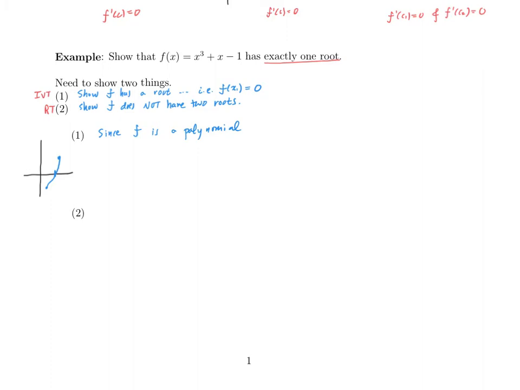And while we're at it, since we know we're going to use Rolle's theorem in a few minutes, let's note that it's differentiable as well and just get that out of the way. So since f is a polynomial, f is going to be continuous and differentiable everywhere, so I'll say from minus infinity to infinity.